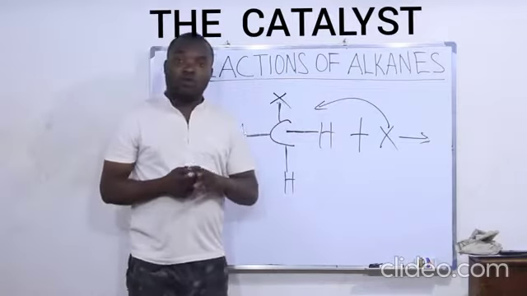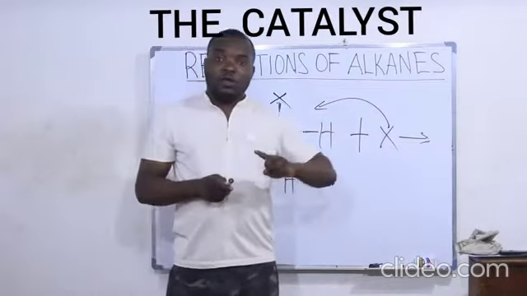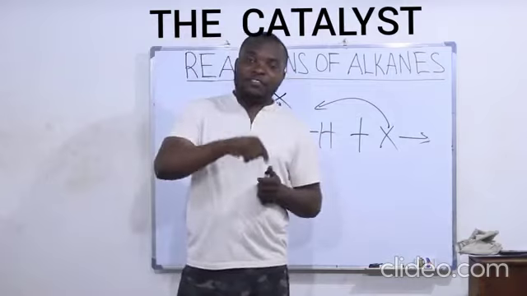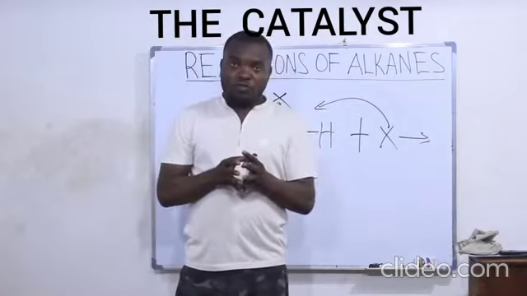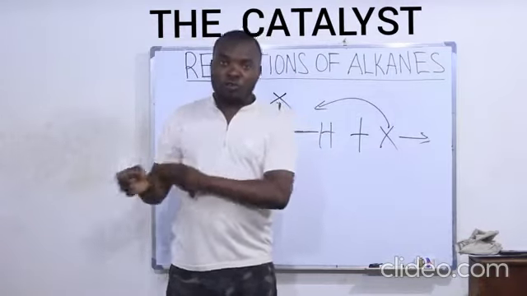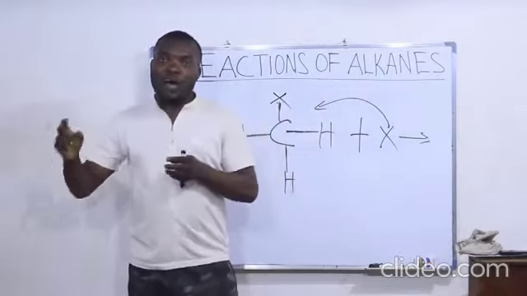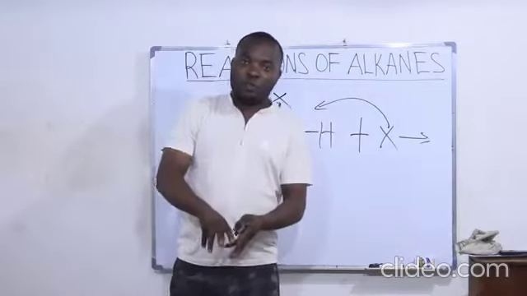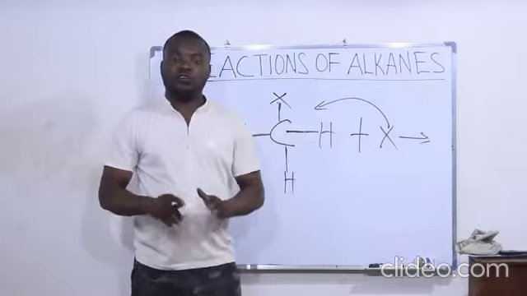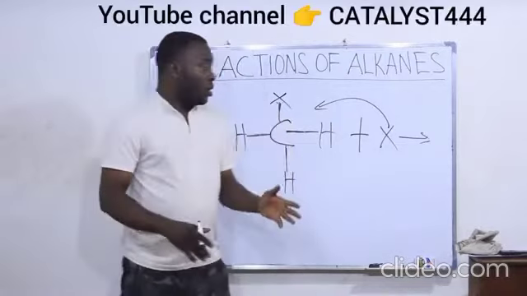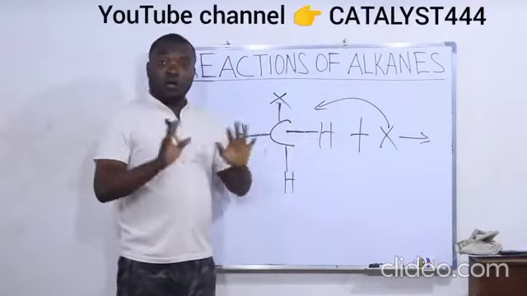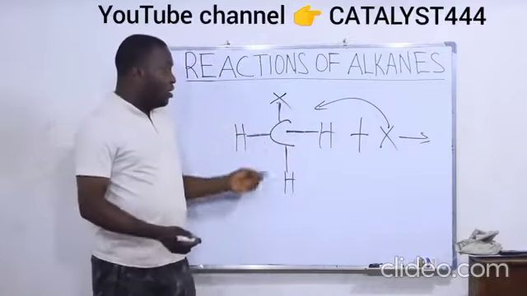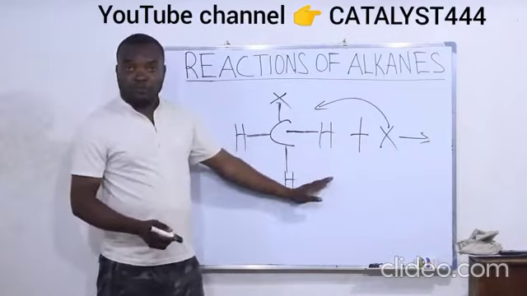A situation where the incoming person replaces an existing atom on the carbon atom is called a substitution reaction. Removing someone and replacing that person with a new person, such a reaction is known as what? Substitution reaction. Alkanes generally undergo substitution reaction because they are completely saturated.